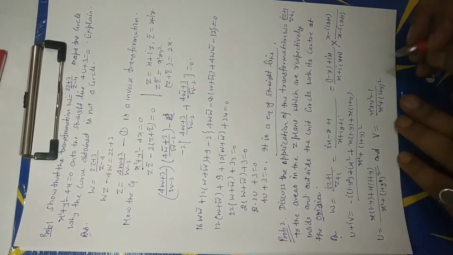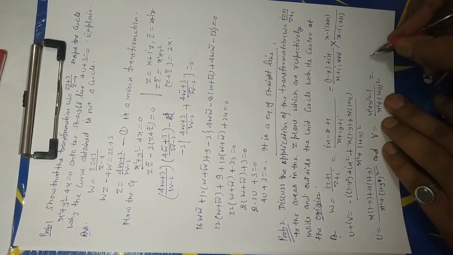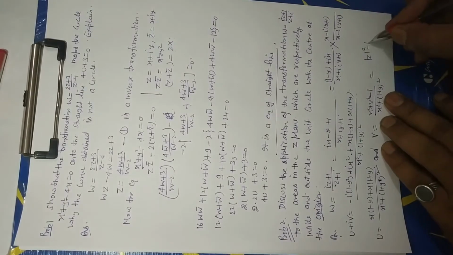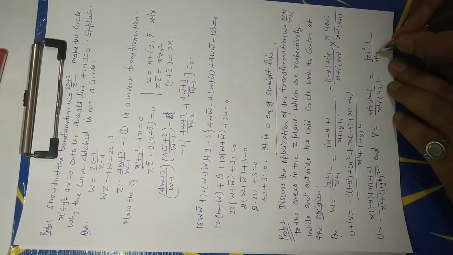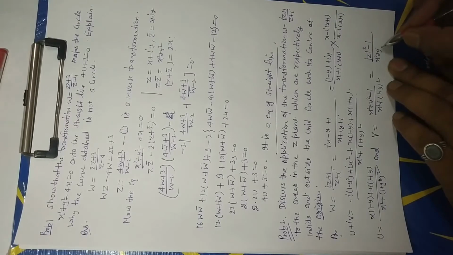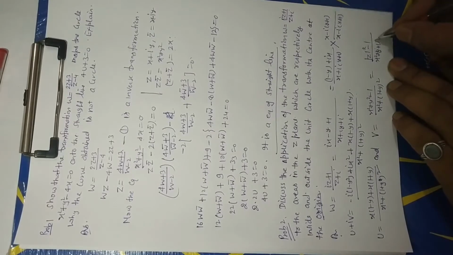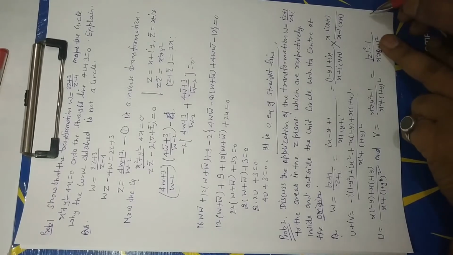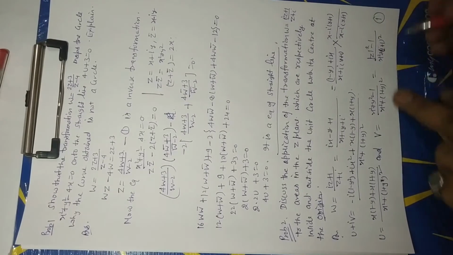This is equal to z modulus square minus 1 upon x square plus y plus 1 whole square. This is represented by equation number first.